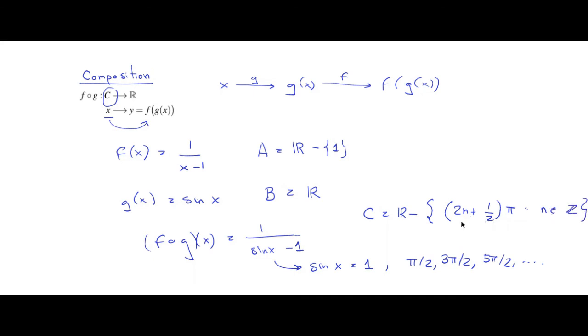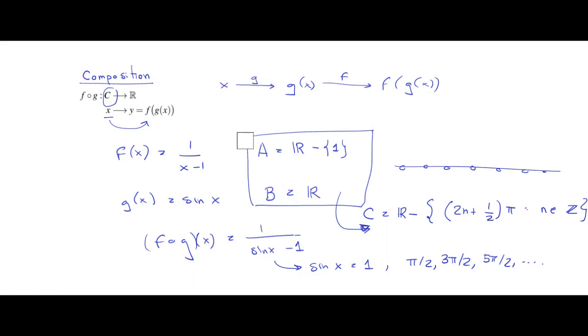So this is just the multiples of pi that give you this kind of numbers. This set is not complicated, but it's just a line with a lot of holes. And it's not obvious that starting with this kind of domains, you would get a domain like this with a composition.